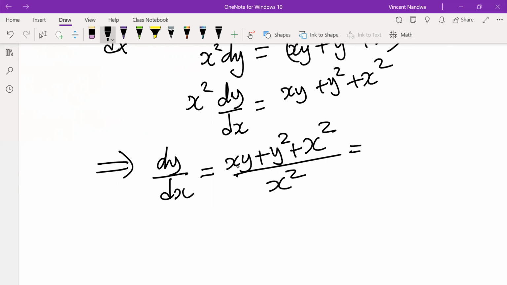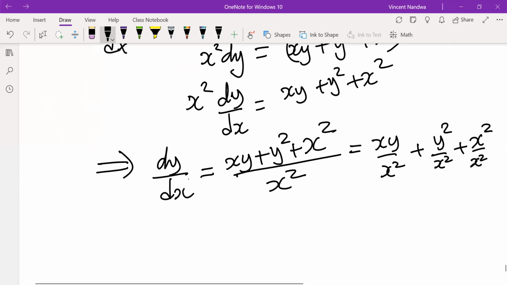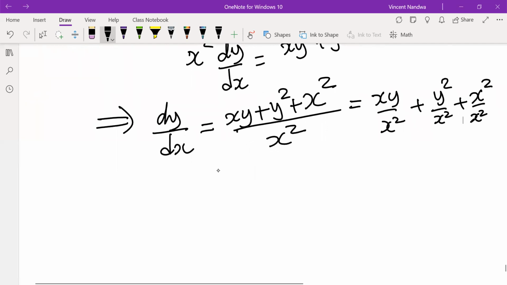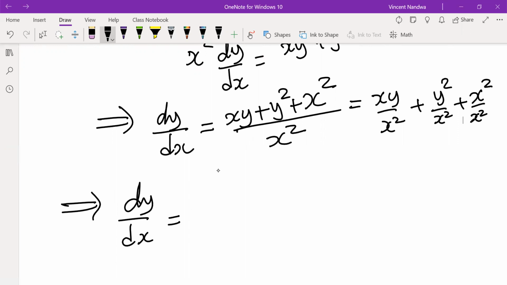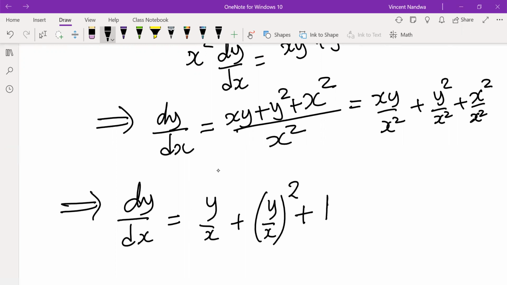So this can be written as xy over x squared plus y squared over x squared plus x squared over x squared, which tells us that dy/dx. Now, x and x cancel, so we have y over x. This can be written as (y over x) squared, and that last term will give us 1.